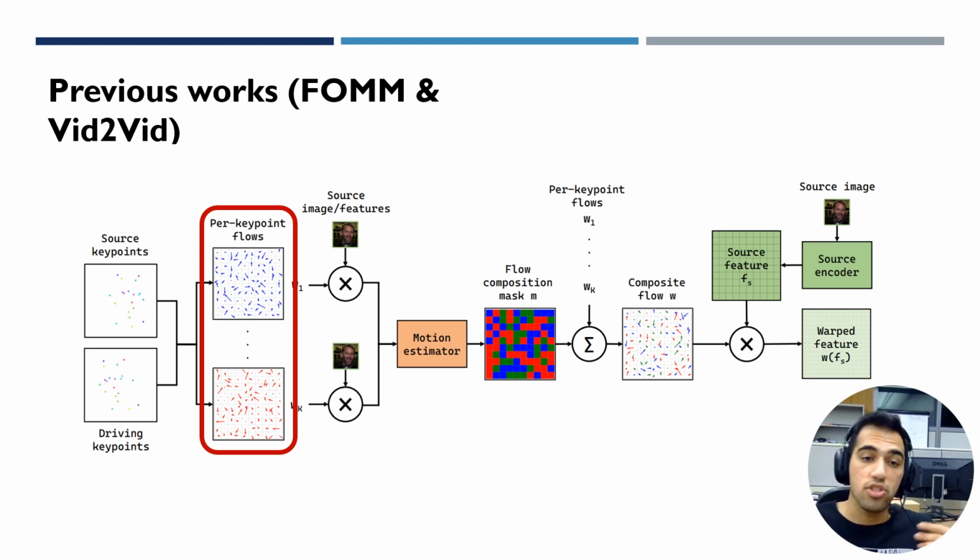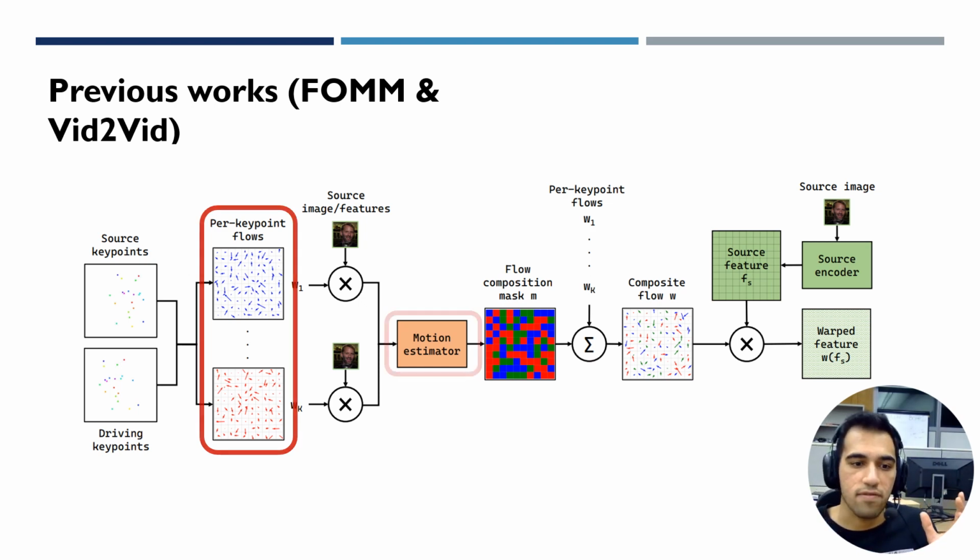So what they eventually got in the output was M flow fields, each one of which corresponded to the movement of each key point. And they used those motion fields and warped them over the source image, which is another representation of the source image itself, and they got a new image in the output.